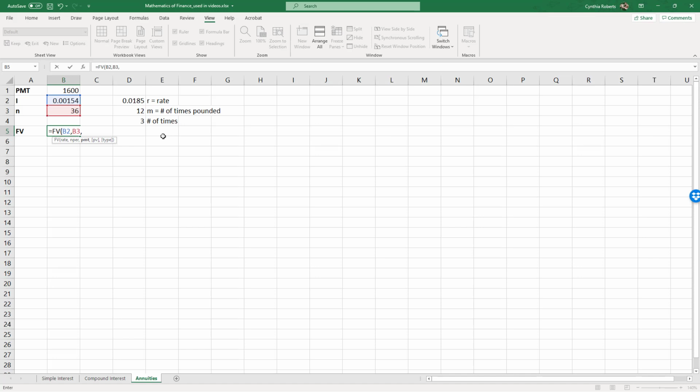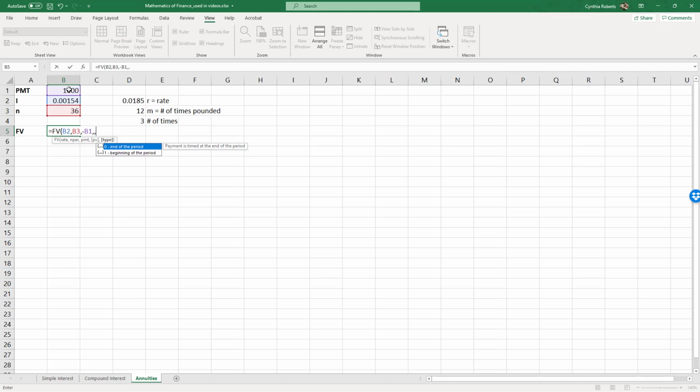Now the payment, you have to be careful because a payment is money going away. So if you didn't notice, I stuck a negative sign. Okay, so that's money going away. If you had something in the beginning already there, which we don't, you would put that there. I'm going to put another comma. I just left that empty because I don't have anything.